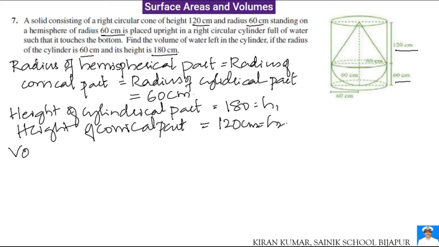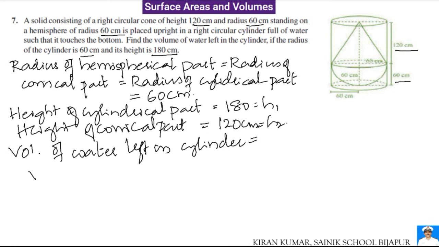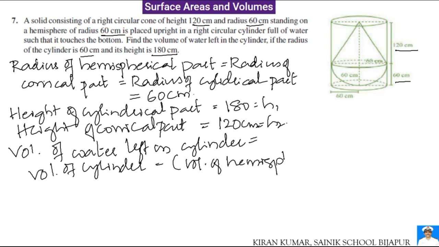So the volume of water left in the cylinder will be equal to volume of cylinder minus the sum of the volume of the hemisphere plus the volume of cone.